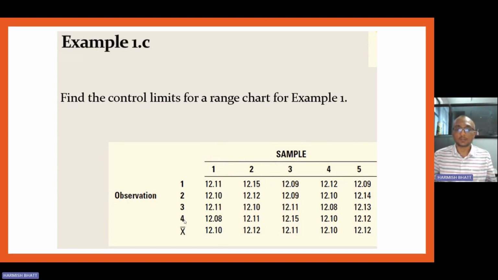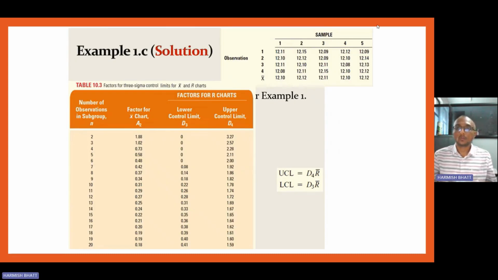So small n is equal to 4 while small k is equal to 5. For the given sample size and samples, we need to set the UCL value and LCL value to prepare the R chart.